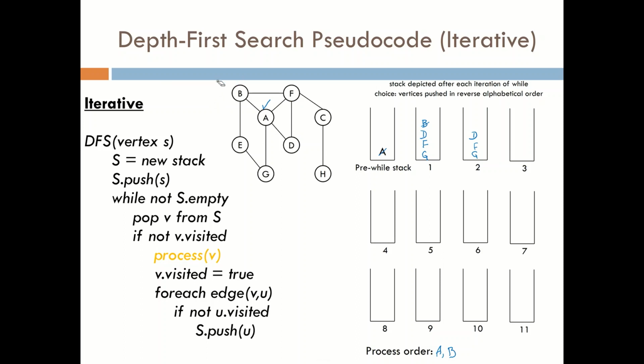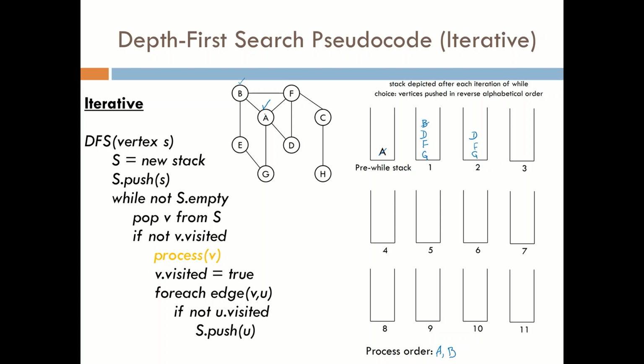And at this point, for everything that is connected to B, we will go through and push those onto the stack in reverse order. So at this point, everything that has not been visited. So B connects to A, but A has already been visited.